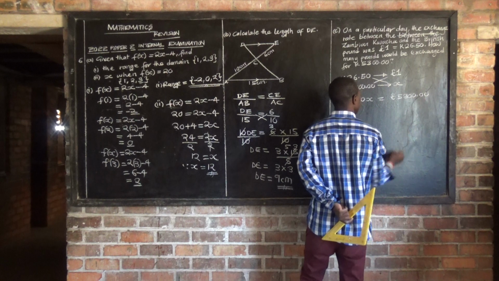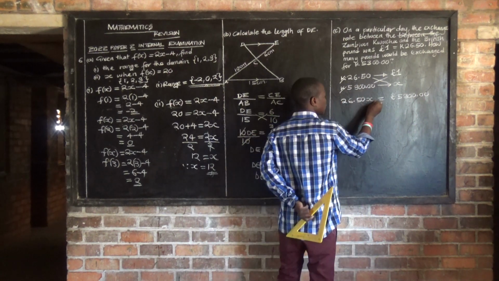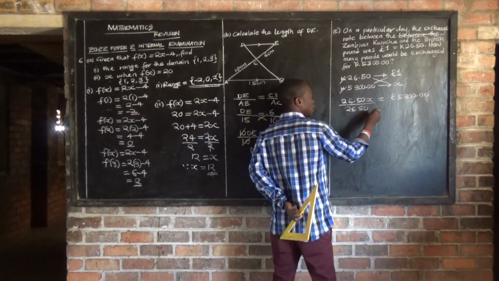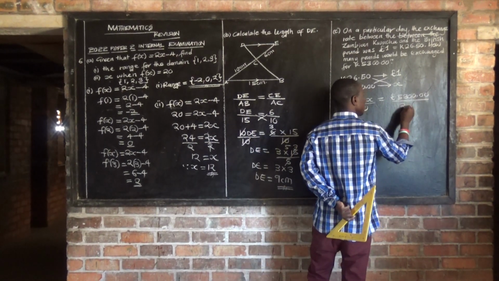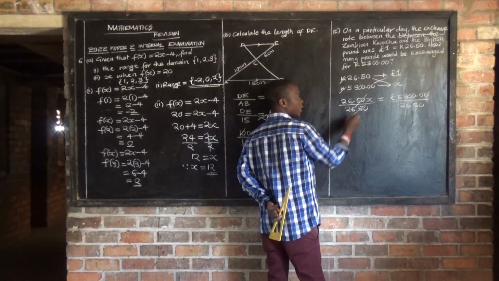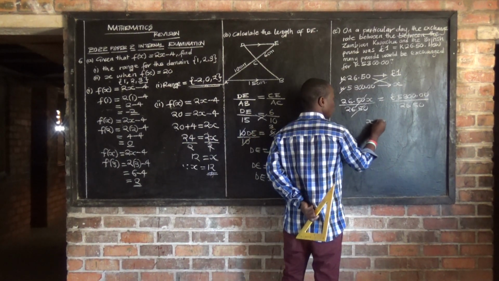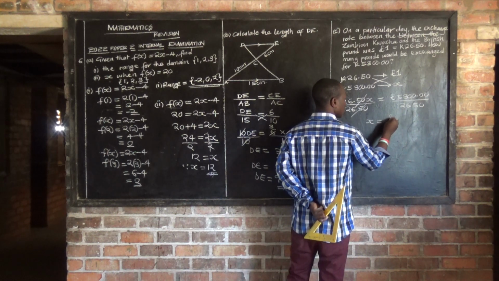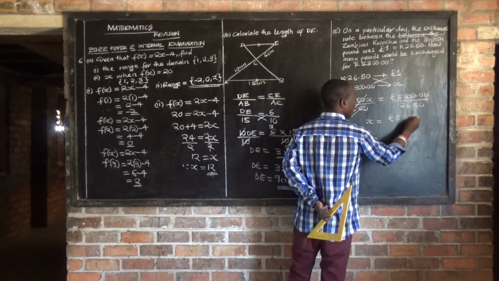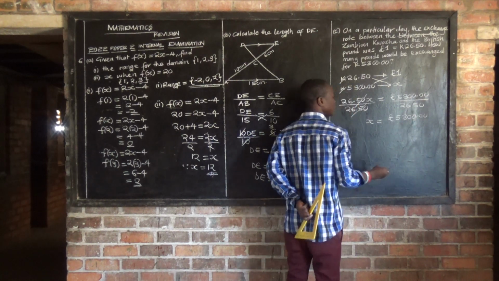Then for you to remain with x, divide both sides by 26.50, both sides by 26.50, and you realize these two are going to go. So we are remaining with 5,300. Are we together?